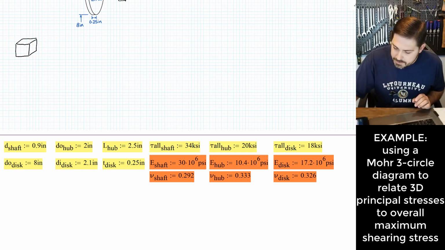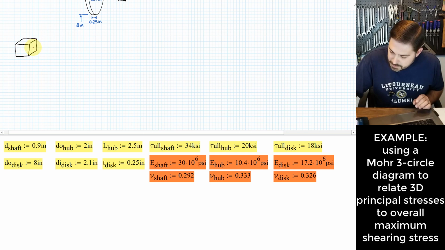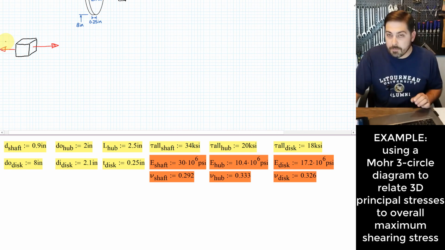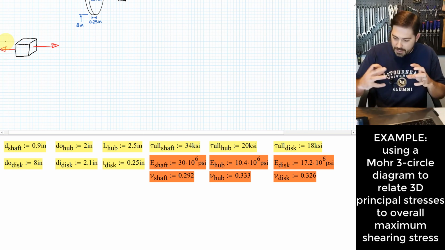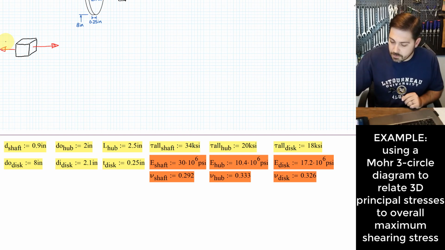All right, we've been touching on that in this course for a while, but let's say that I wind up with a few principal stresses on here, and just for the sake of concept, I'm going to ask you to think of the lengths of each of these arrows as being proportional to how much stress there is, and the direction also indicating whether it's compressive or tensile stress.